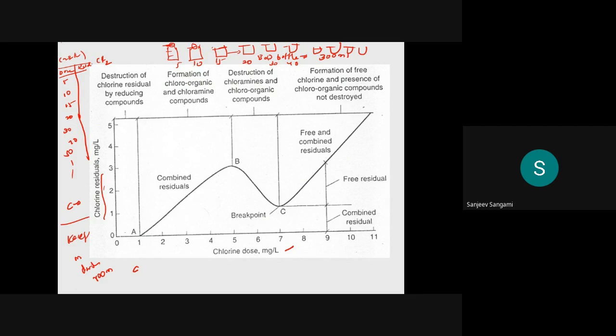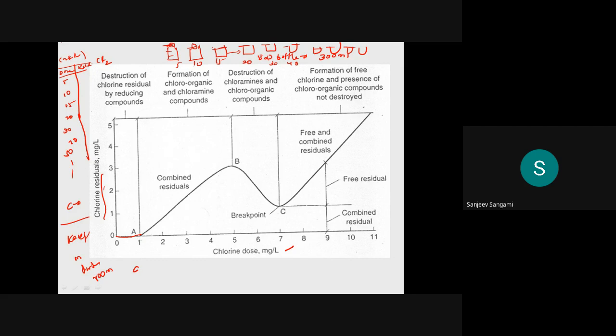Then when you add it, the graph will go like this. For the lowest dose, it will go to point A. Initially it is going to oxidize iron, Mn. Remember, it is not going to kill at this stage.